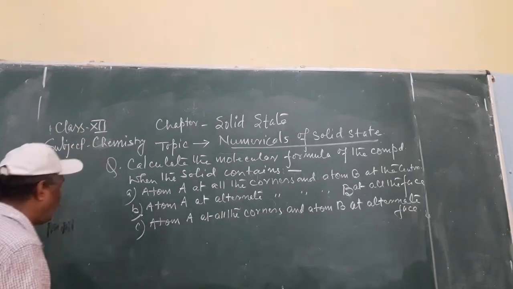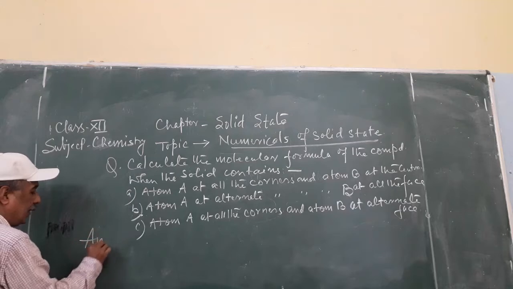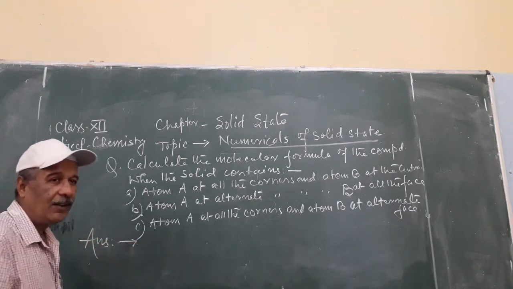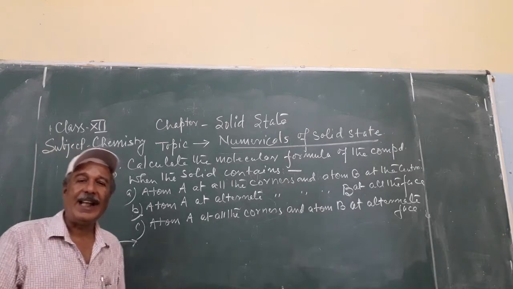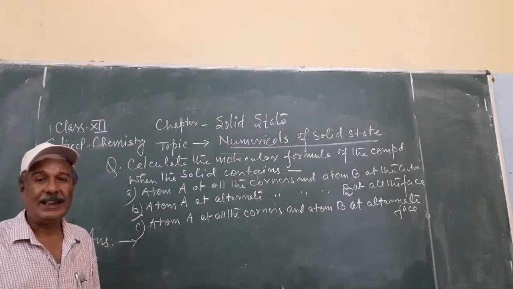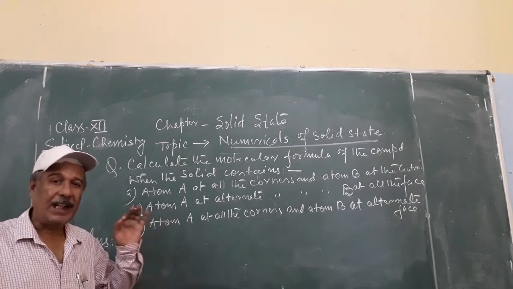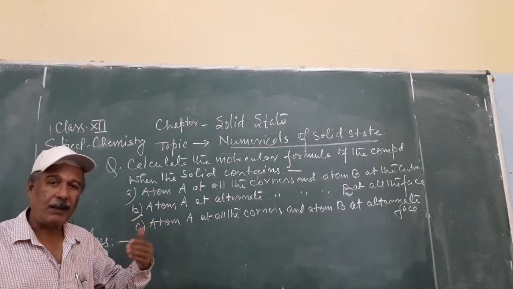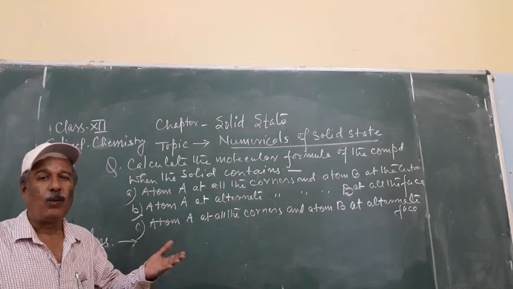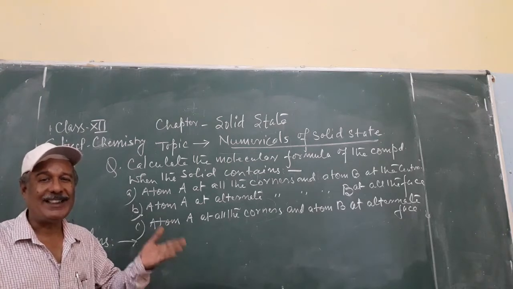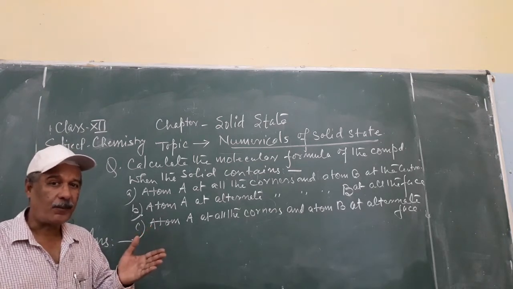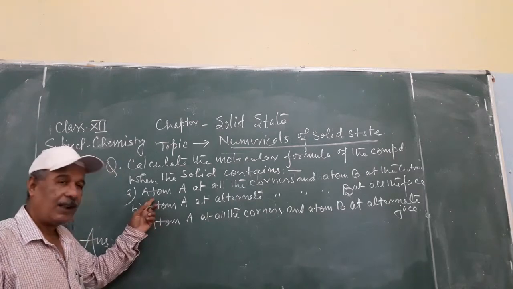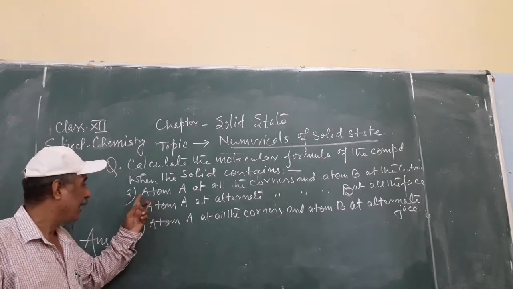Dear students, now come to the answer. First, when we were discussing the rank of the unit cell, we had discussed that for any atom located at a particular part of the cube, what portion of it is really present in the unit cell. So come to the first one.